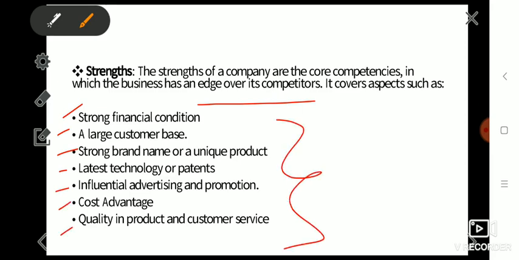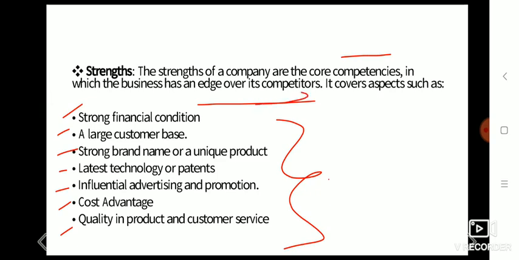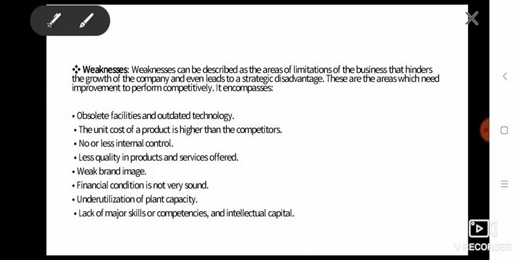All these are the aspects of strength. Now let's move on to weaknesses.